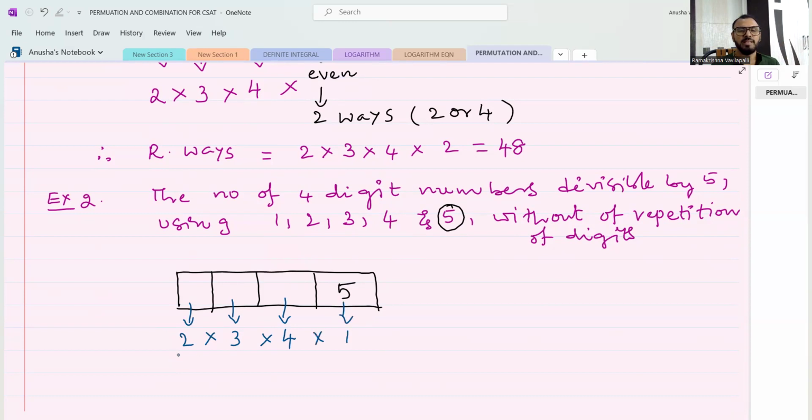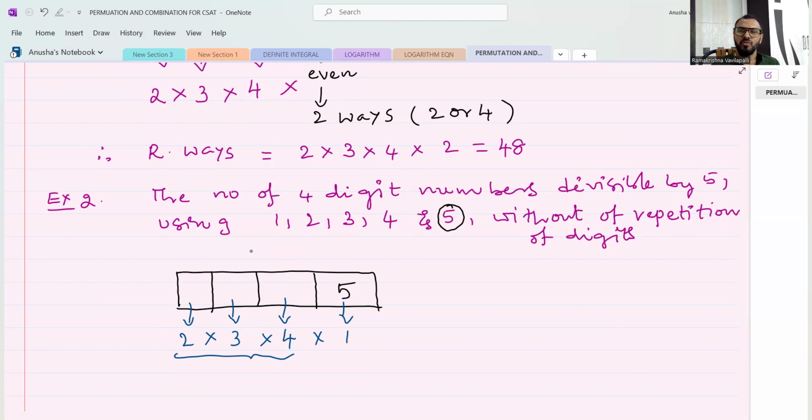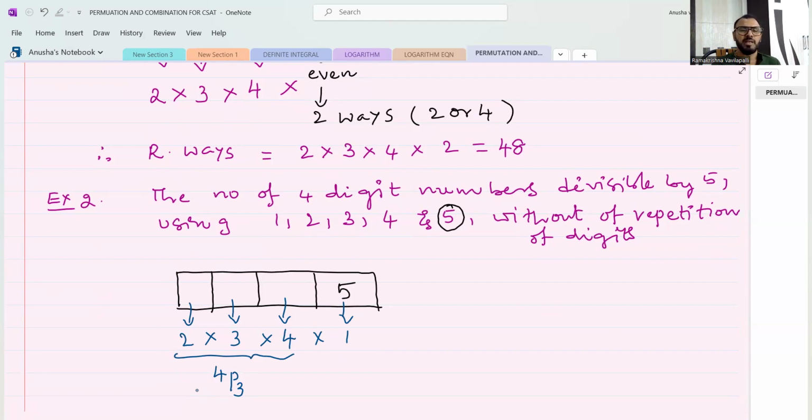Now this process can be done using another simple method, that is, out of the remaining 4 digits, we have to fill the 3 places, that we can write as 4P3. This P represents a permutation. Permutation is nothing but an arrangement. So this total is nothing but 4P3 into 1.